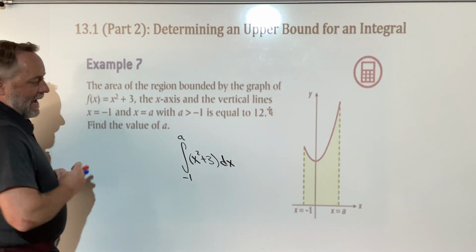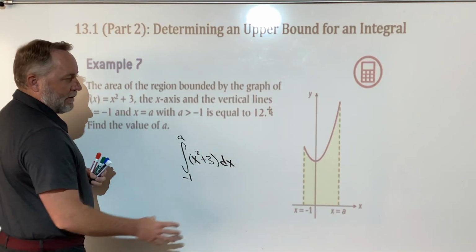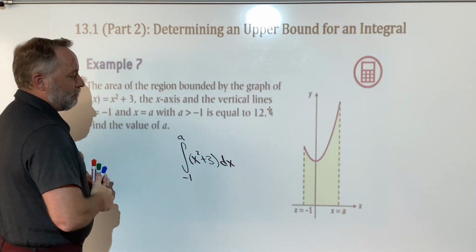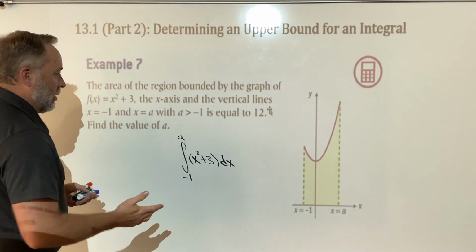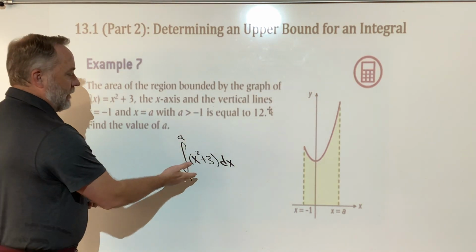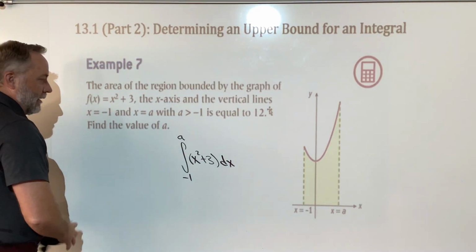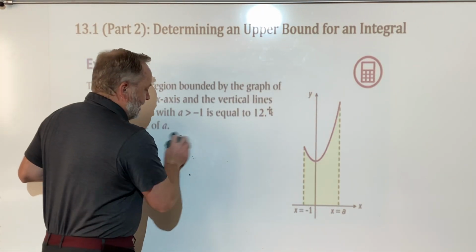So that integral represents the situation that we see graphed here. Okay, and we're asked to solve this using our calculator and a couple features on there. All right, so let's see how you do that.